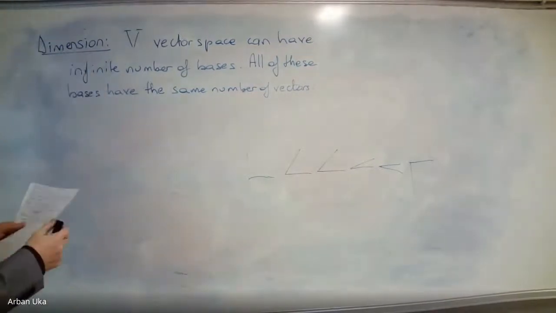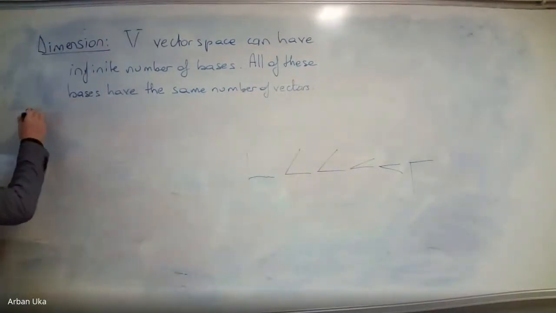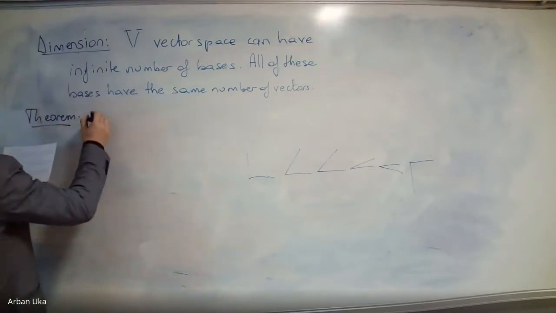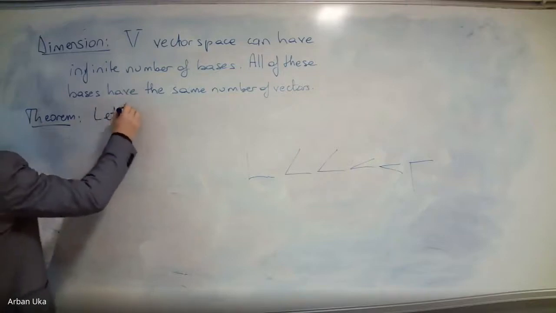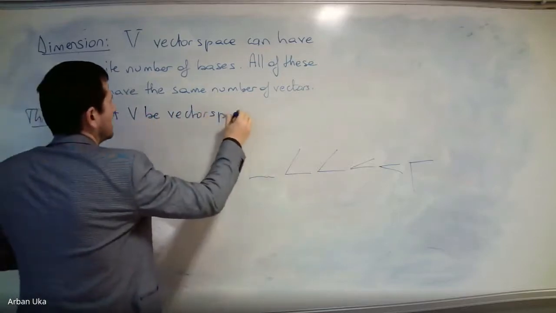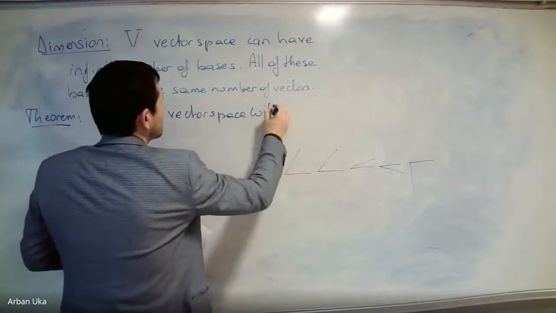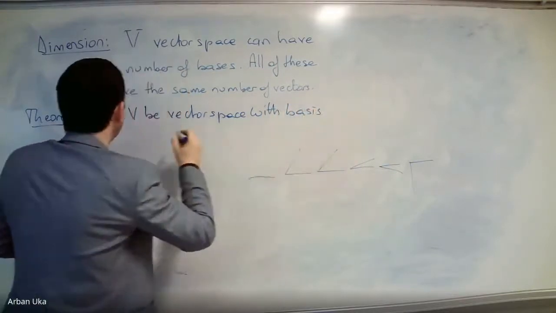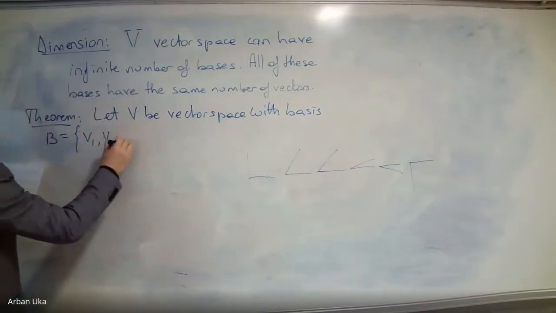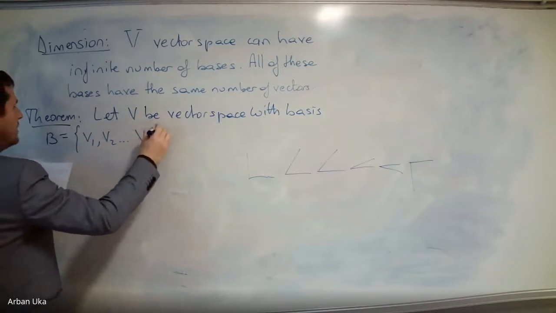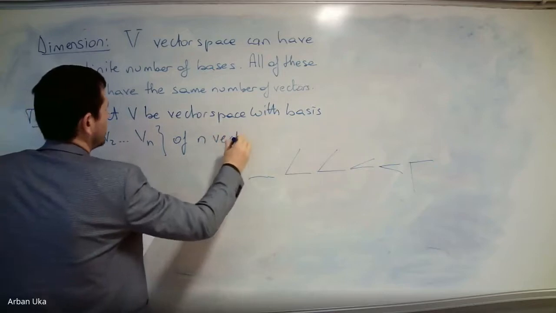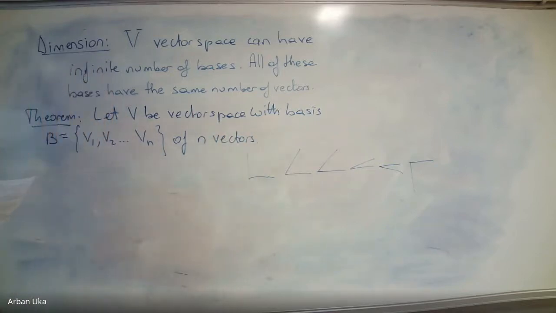Okay? And then, as a theorem, we can write this down as a theorem, which states: let V be a vector space with basis B, which is equal to {v1, v2, v3, ..., vn}, composed of n vectors.